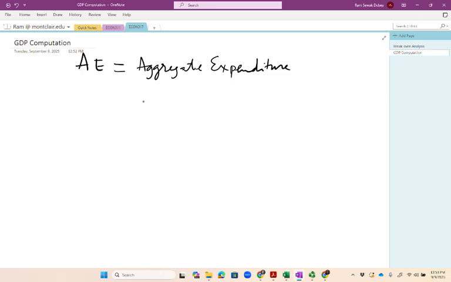We will describe the aggregate expenditure as a function of the national income.